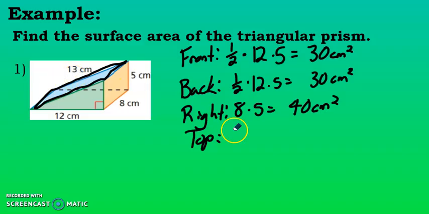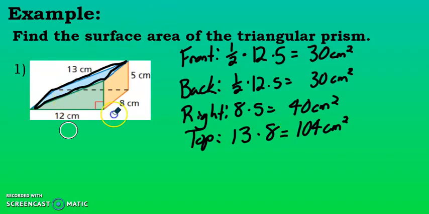It's got a length of 13, a little bit longer this time, and a width of, well, this is a little more confusing because it doesn't go straight across like this. It's got that diagonal, and it's going from front to back. Oh, this one's going from front to back. So 13 times 8. I'm going to have to do a little bit of calculation here. That's 104, so 104 centimeters squared. All right, that's the top side.